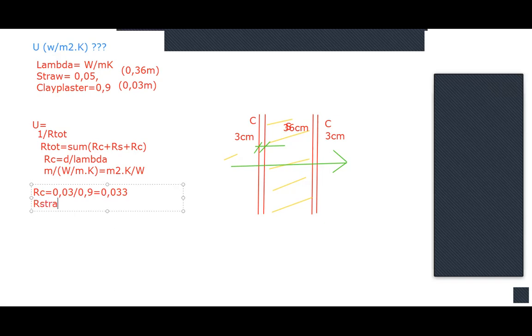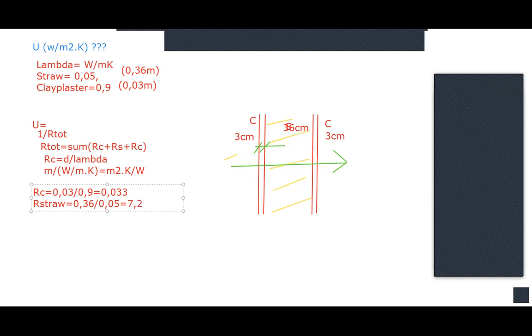Straw, which is 0.36 divided by 0.05, which is about 7.2.